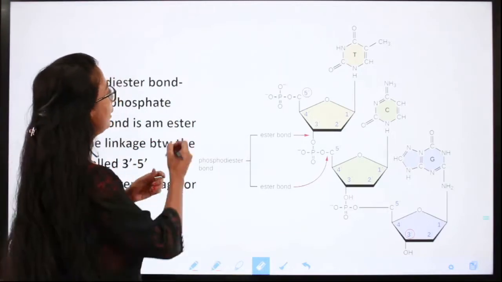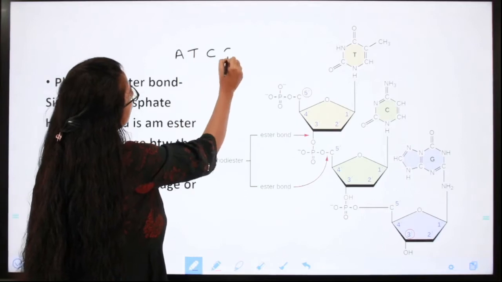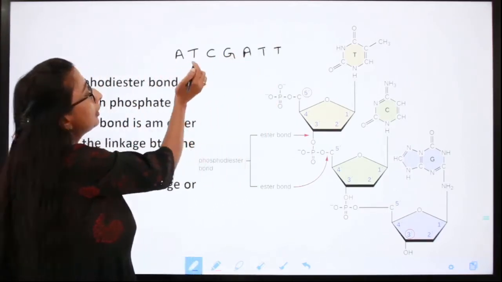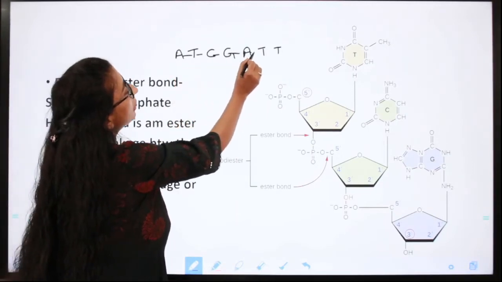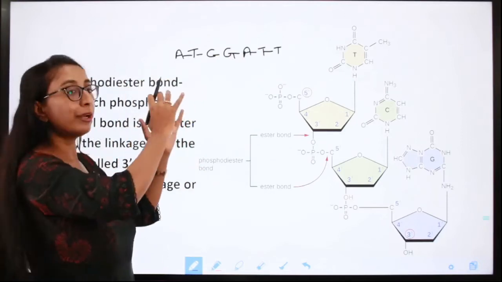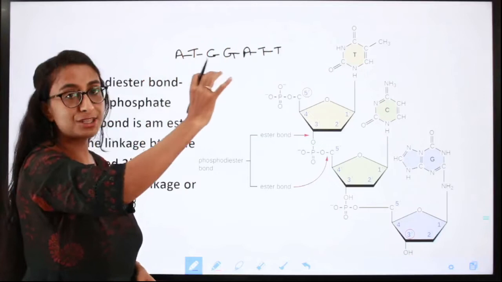When we have adjacent nucleotides A, T, C, G, A, T, T, it is the phosphodiester bonds which connect them together to form a polymer of nucleotides. It is the phosphodiester bond which forms the nucleotide chain.